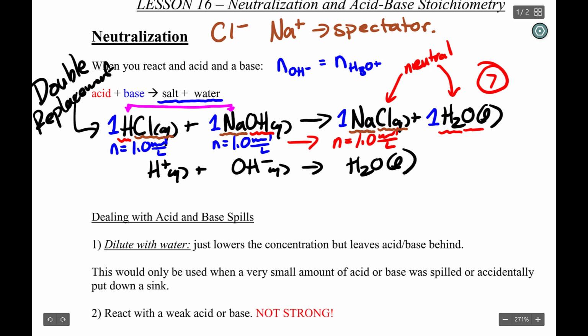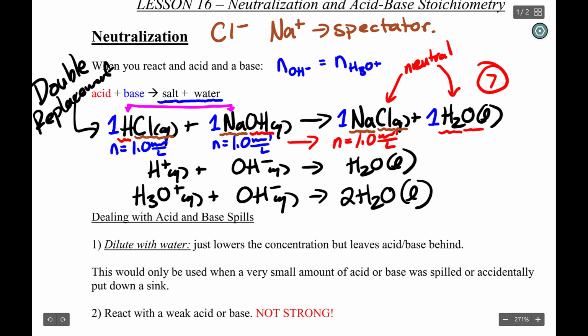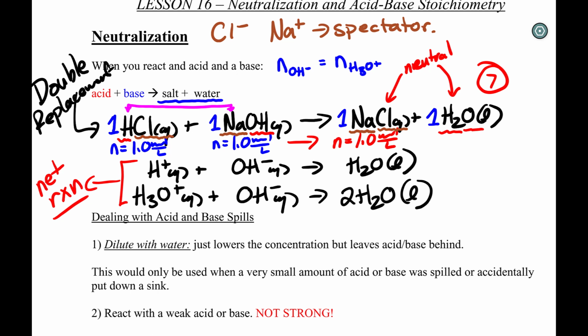Or, we know that a hydrogen ion or acid really is the hydronium ion. So I could write it as hydronium ion plus hydroxide ion, and this would make 2 waters, or I could say water plus water. Both of those would be acceptable net reactions, whereas the one above would be a double replacement.